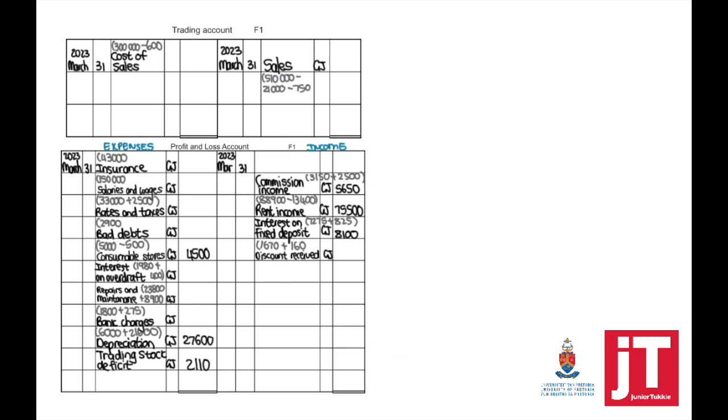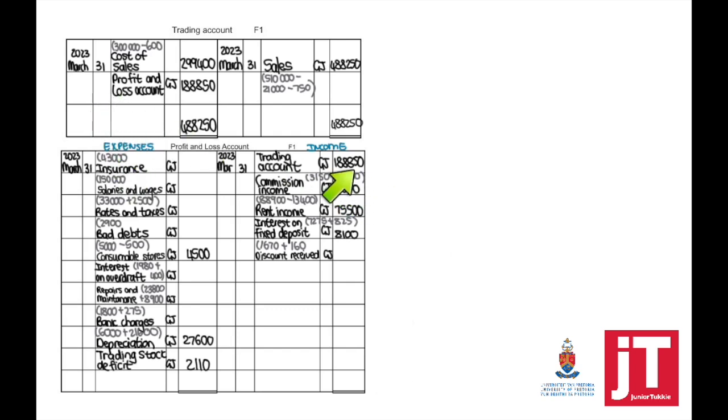After we've done all the adjustments, we can now close off these two accounts. And we start with the trading account. Close the bracket and total, the same as with cost of sales. The credit side minus the debit side equals the gross profit, which is taken to the trading account.